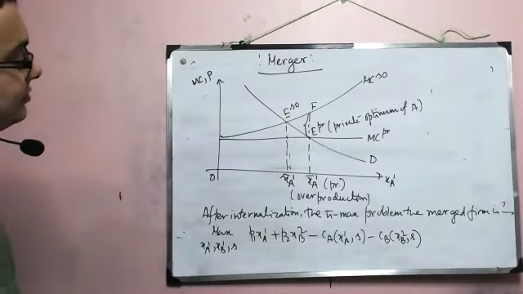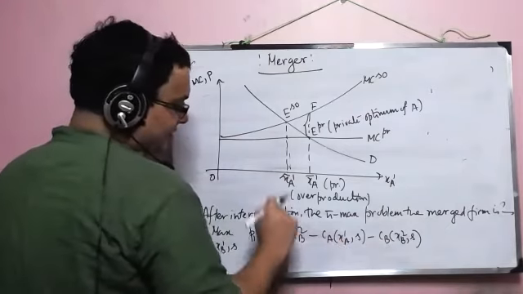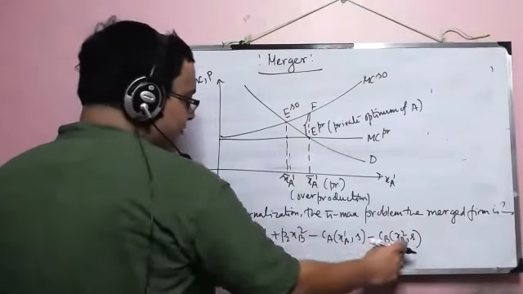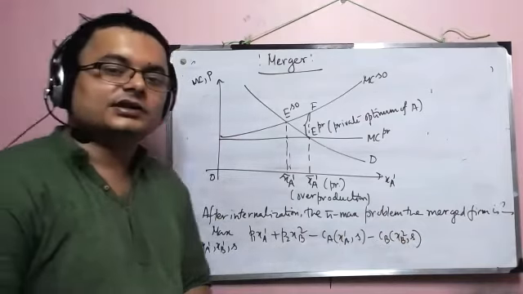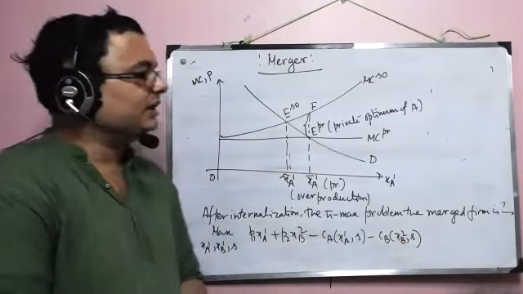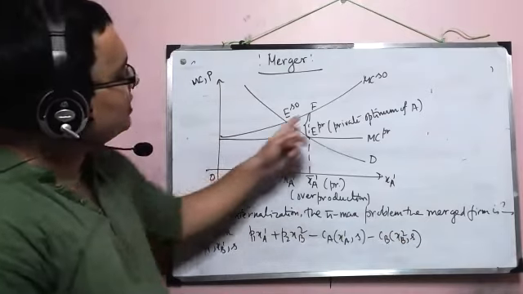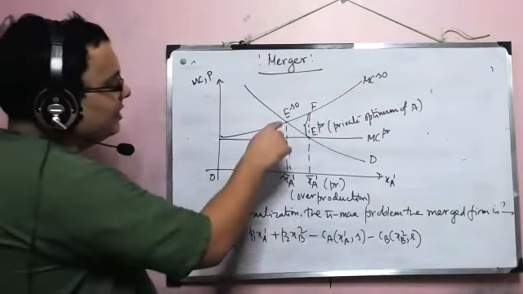So XA1 hat, right? Okay. So here the private cost of A and the cost of B both are added. So that means that when I'm going to differentiate, the MC will include the MC of the society, the kind of marginal cost that you have drawn here, right? And now in the diagram, the equilibrium will appear at this point.